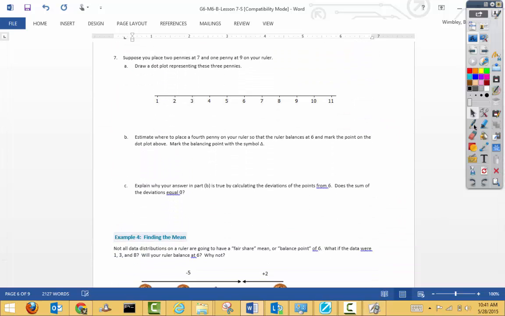Okay, number 7. Suppose you place 2 pennies at 7 and 9 on your ruler. Draw a dot plot to show these 3 pennies, it says, but I don't have 3, so that was my typo. So I need one at 7 and one at 9. And, oops, I'm sorry. I remember what I wanted. That one at 2.